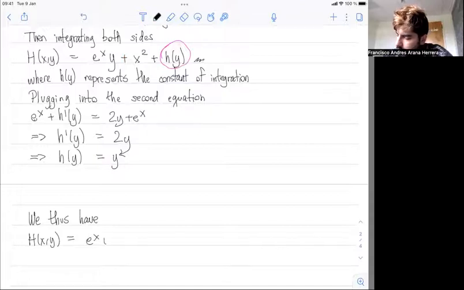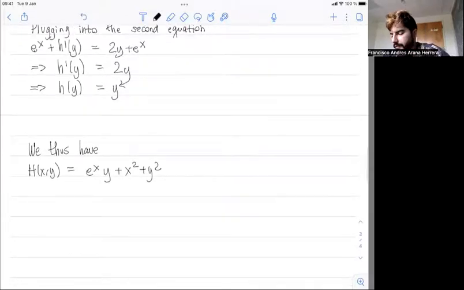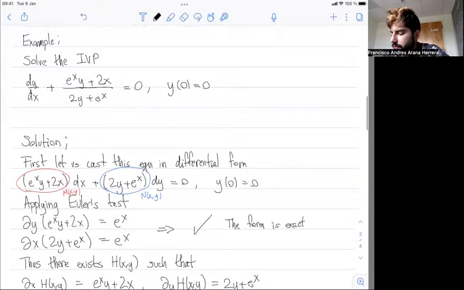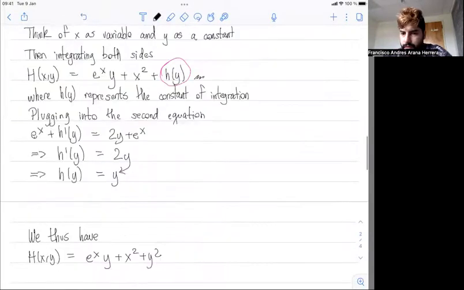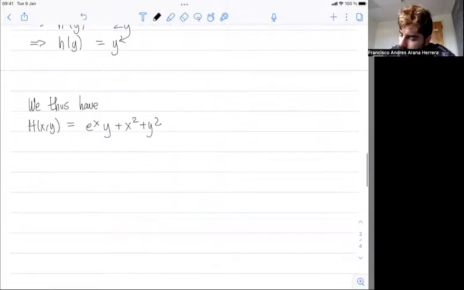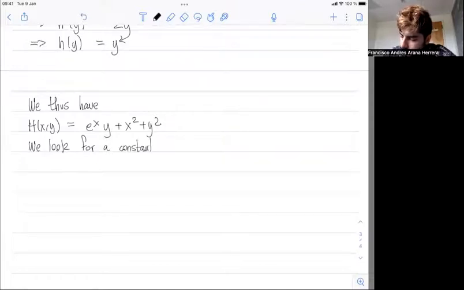So it's e to the xy plus x squared plus y squared. So we're good. But we still haven't finished because this is an initial value problem. So what we're looking for is a constant c.